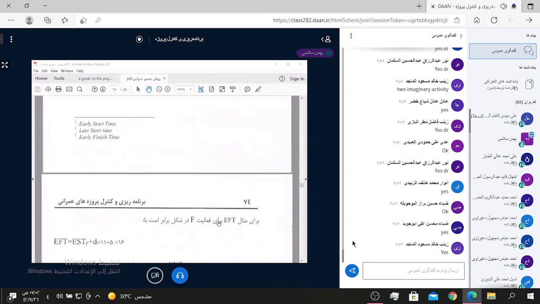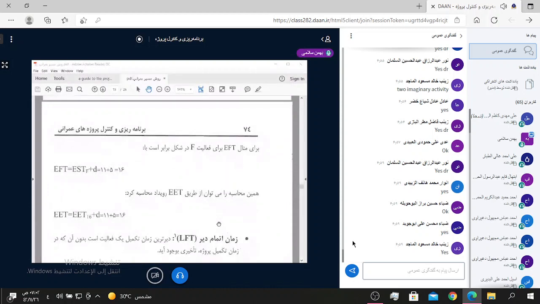And factor 4, LF, late finish, means the latest time that an activity can finish. Do you understand 4 factors?